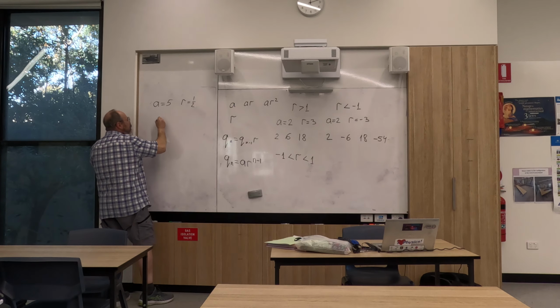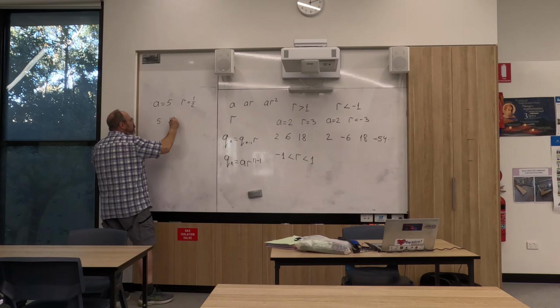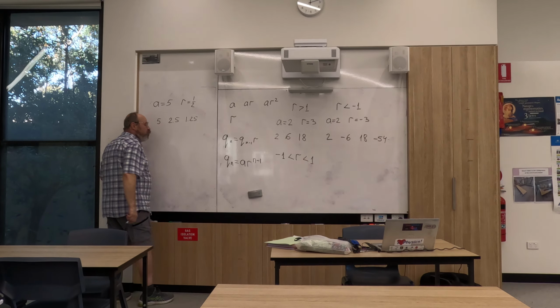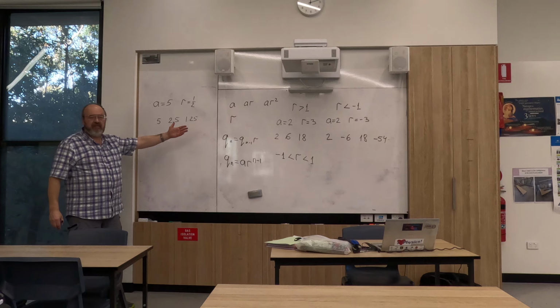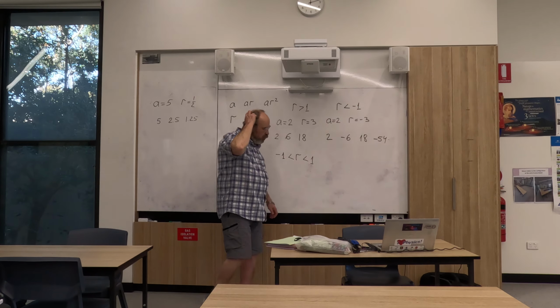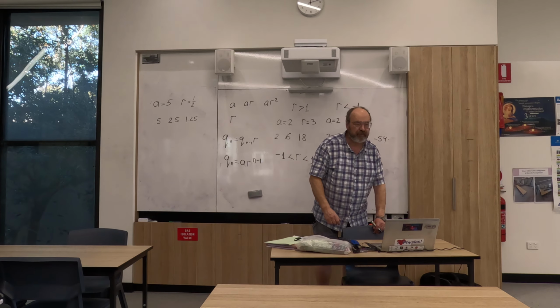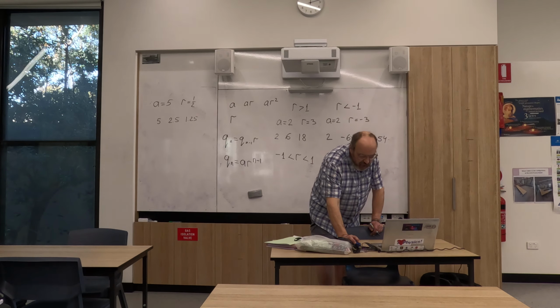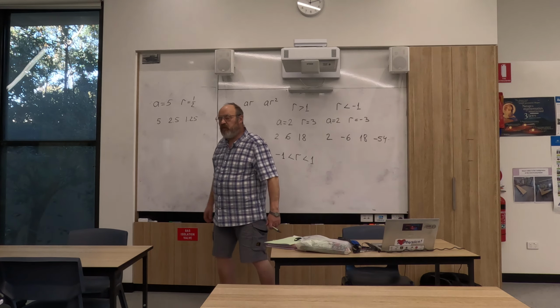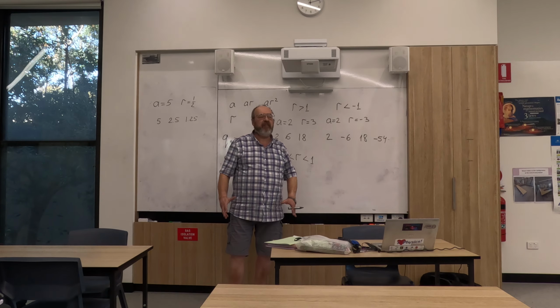So we'll have 5, 2.5, 1.25, and so on, and they will be coming infinitely close to 0. So that will be a convergent geometric sequence.